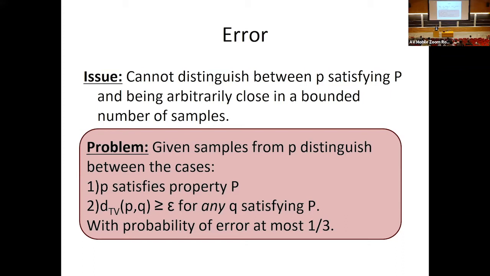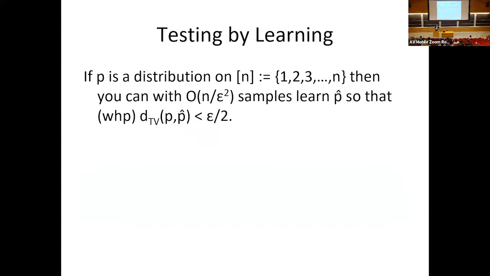And so, the question that we can now ask ourselves is, is this problem solvable? And fortunately, the answer is that, yeah, at least under some circumstances, we can solve this. For example, if P is known to be a distribution on a discrete set of size n, then with only O of n over epsilon squared samples, you can learn P. You can find some P hat that is epsilon over 2 close to P in total variation distance.